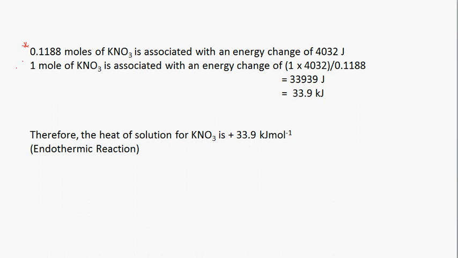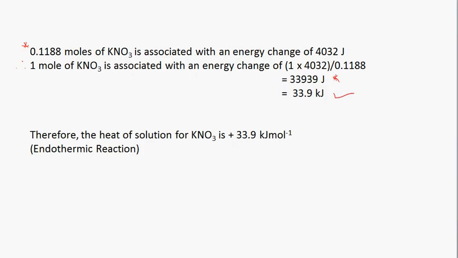Therefore, 1 mole of potassium nitrate is associated with an energy change of, again we cross multiply, 1 multiplied by 4032 divided by 0.1188. We end up with 33,939 joules. We convert that to kilojoules by dividing by 1000, so we get 33.9 kilojoules.